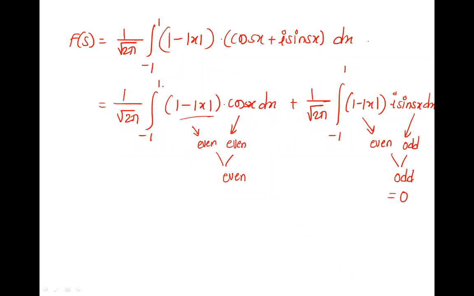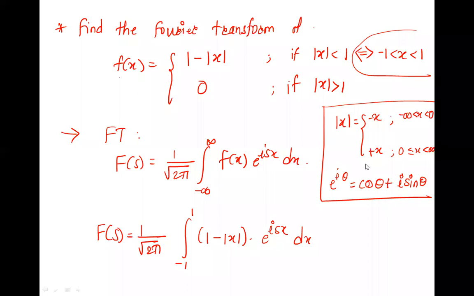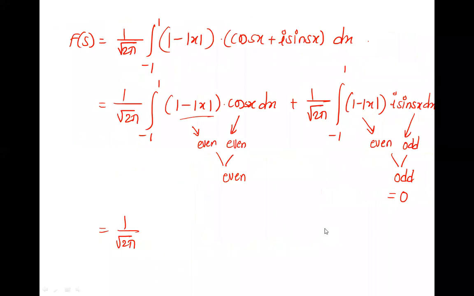So we need to just solve this integration. And as it is even, what can you write? Minus 1 to 1 can be written as... you forgot the formula? 2 times 0 to 1. Right.